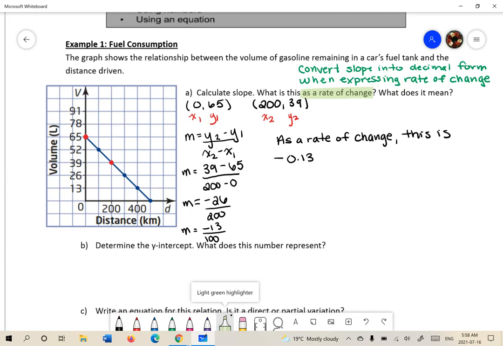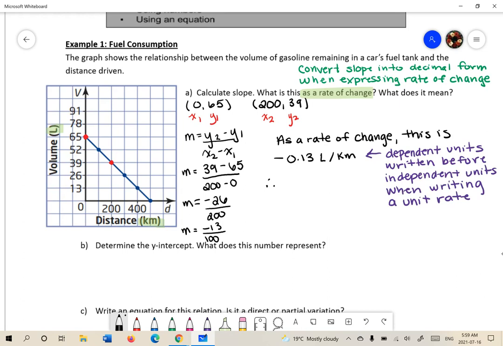And I'm going to include the units, kilometers and liters. I'm going to write my dependent variable units first: liters per kilometer.